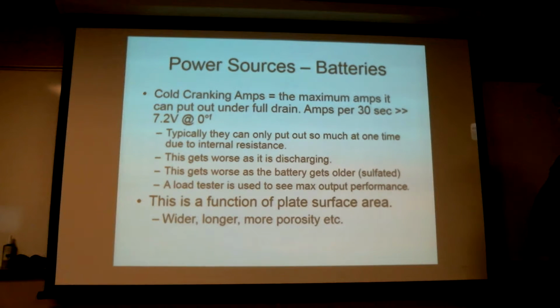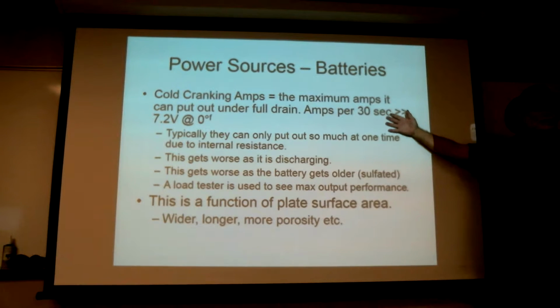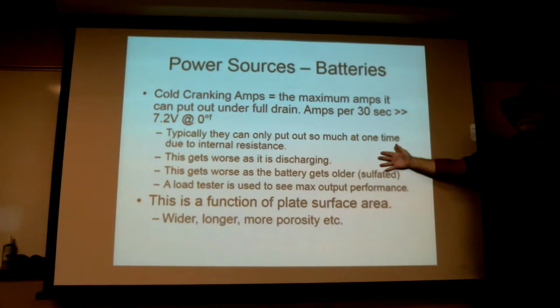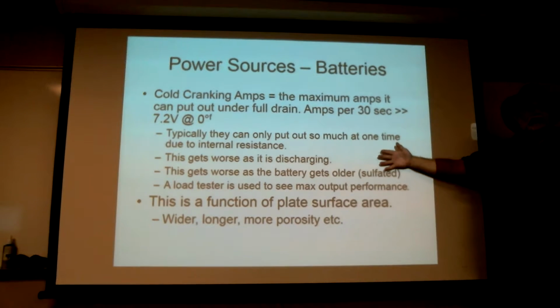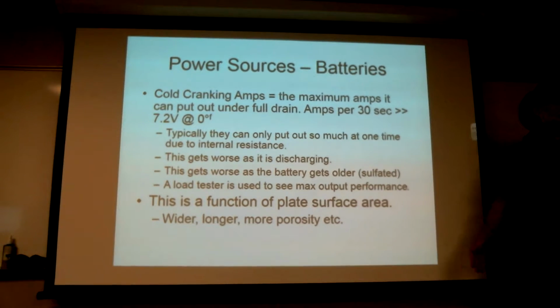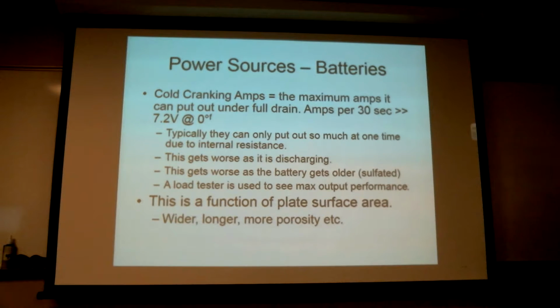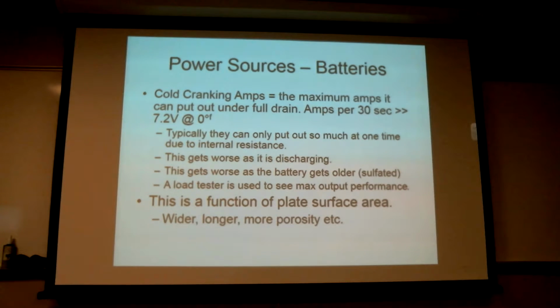The last thing you're going to want to do is put it through a cold cranking amp situation. Now you could use your starter, however it's going to wear your starter out, or you could use what's called a load tester. What a load tester does is dead short the battery. Now, if you do that with a crescent wrench, you're going to damage your crescent wrench. It's going to get real hot.